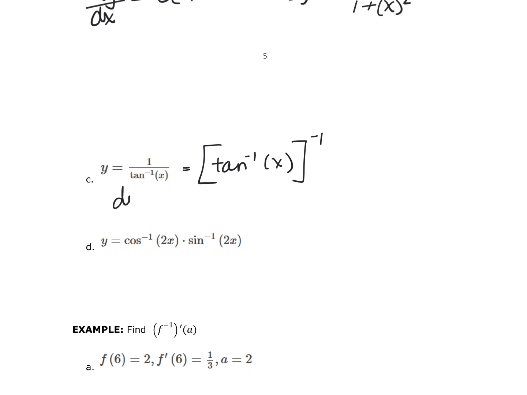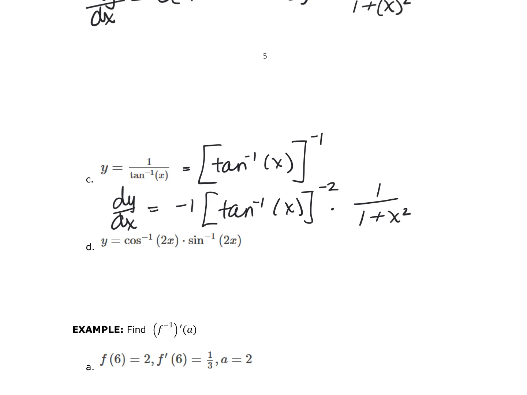So when we do this one, this dy/dx is going to be equal to negative 1 times the tangent inverse of x raised to the negative 2. That's the chain rule. Now I'm going to do the derivative of the inverse function, which is the tangent inverse. So that's multiplied by 1 over 1 plus x squared. That's my final answer. Now I can clean that up and that's fine, or you can leave it just like that.